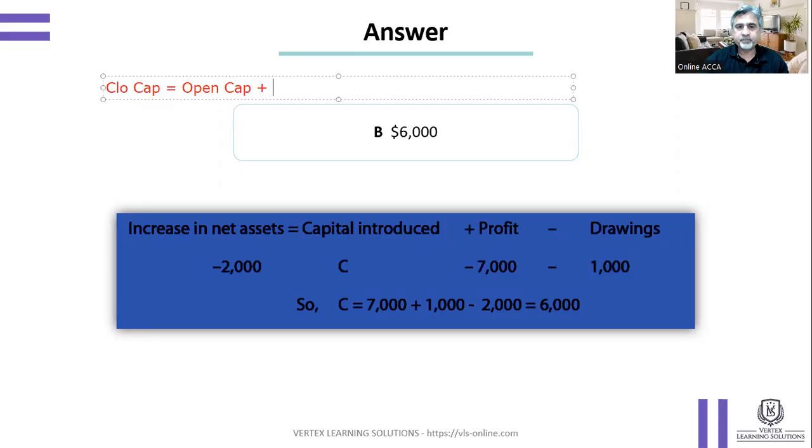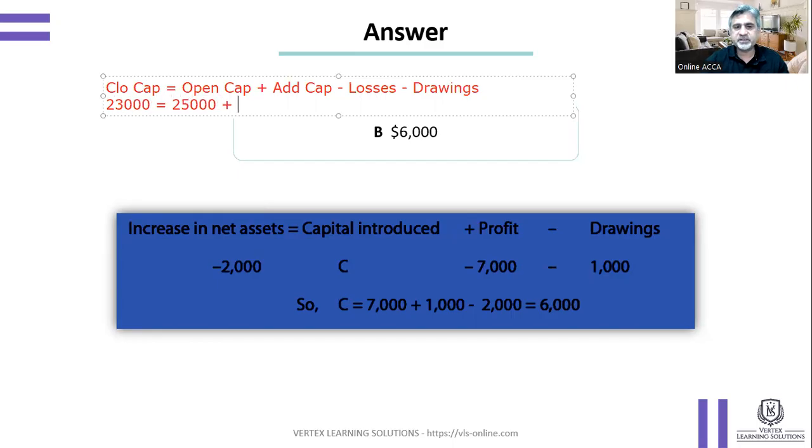Opening capital plus additional capital plus profits minus losses. Here you've got losses in this business, so minus losses, and minus drawings. Closing capital was 23,000. Opening capital was 25,000. Additional capital, we do not know, we call it X. Losses were 7,000, and drawings were 1,000.